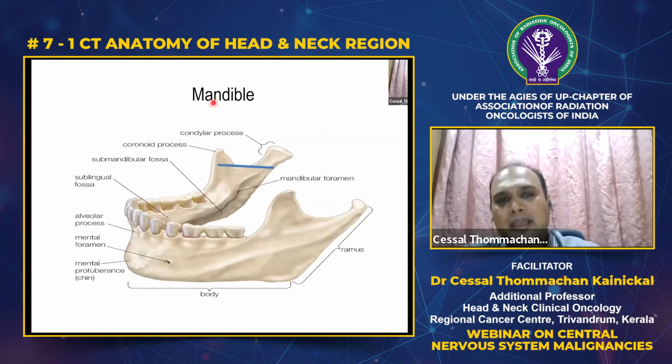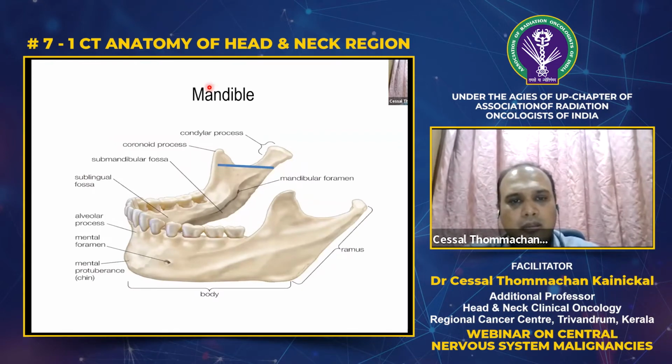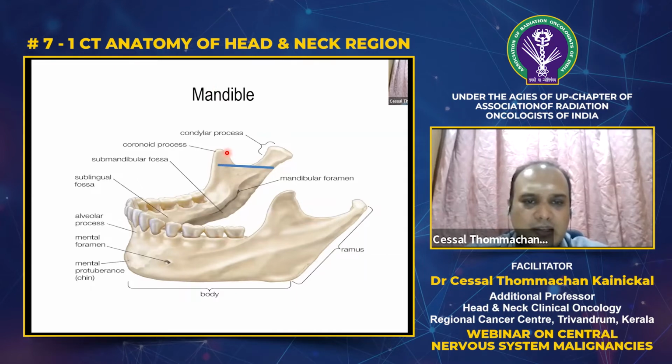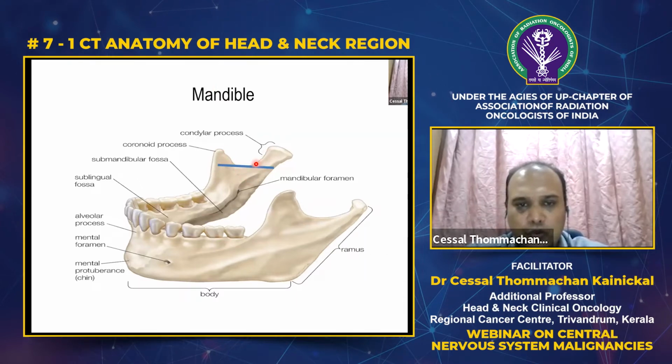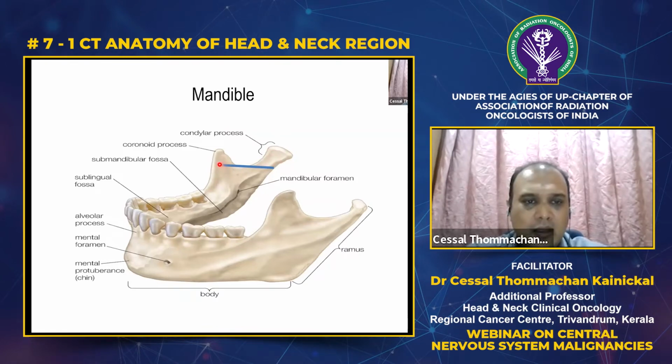And in the oral cavity, you need to understand that certain tumors can be supranotch disease. This is the notch of the mandible, and this is the condylar process. The lateral pterygoid muscle is inserted somewhere here. The temporalis is inserted in the medial aspect and also the superior surface of the coronoid process.